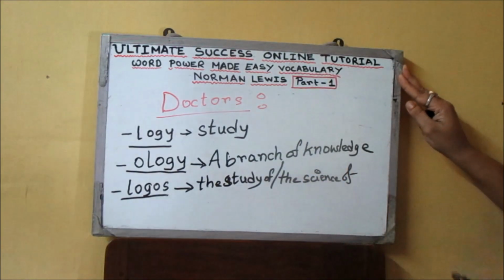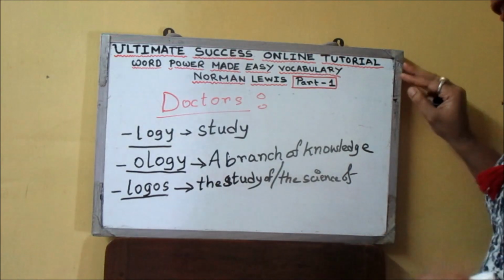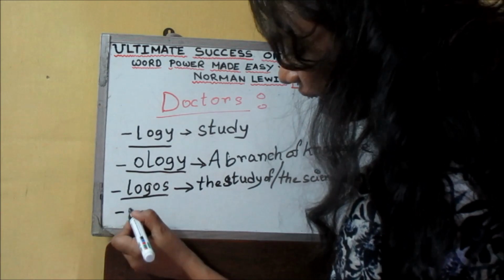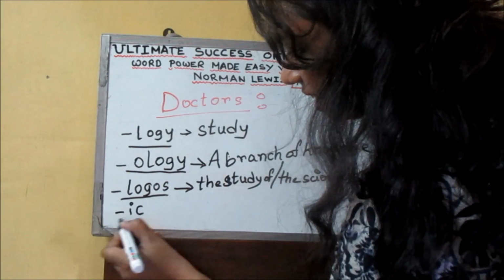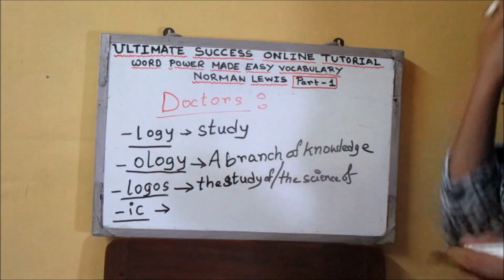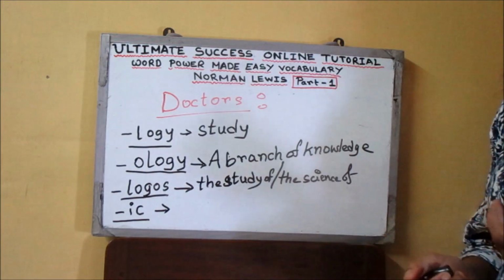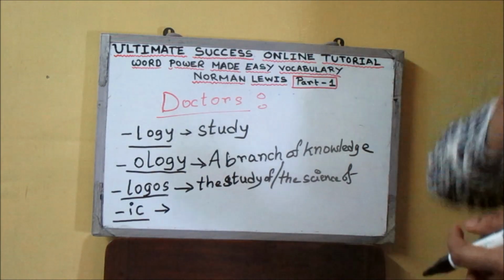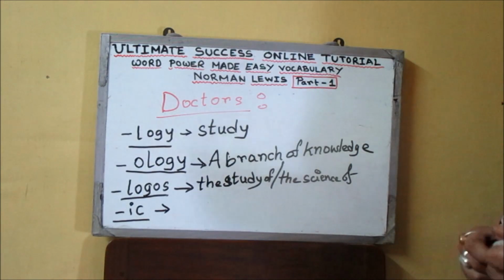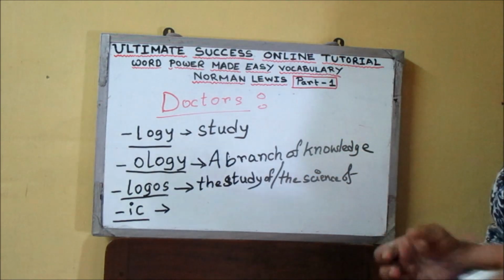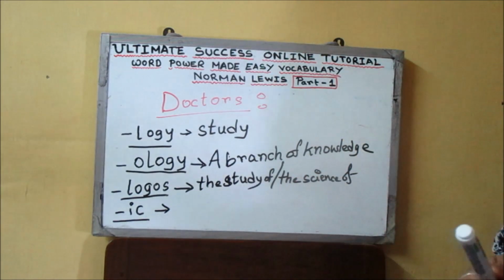So the next suffix that we are going to learn today is IC. IC, like Vedic, Tantric, etc. These words do not actually relate to our topic, but I'm just giving you examples because these are very common words.